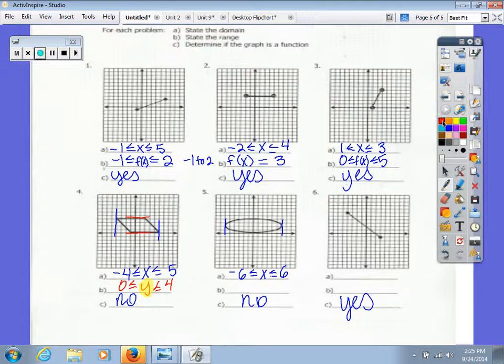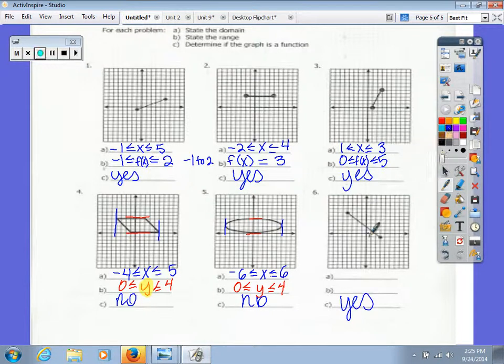So range, I'm going to change colors again to red. If I start from the bottom, what's the first thing that I see? 0 all the way to what? 4. And what's going to go in the middle? How come we put y in the middle? Because it's not a function. Good job.